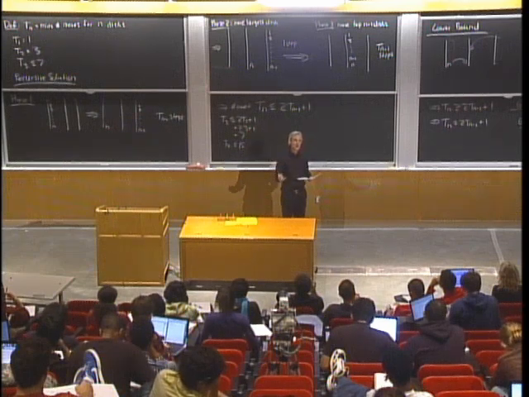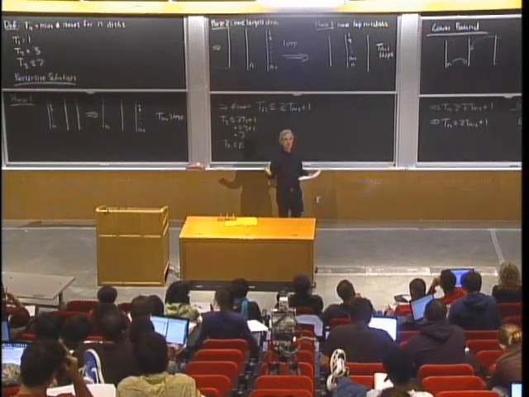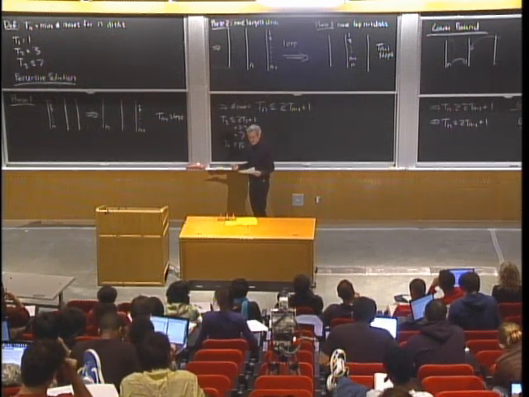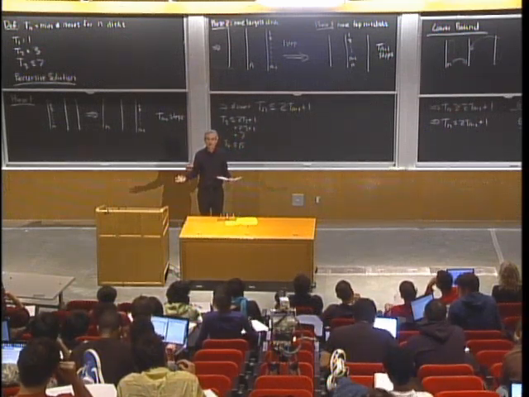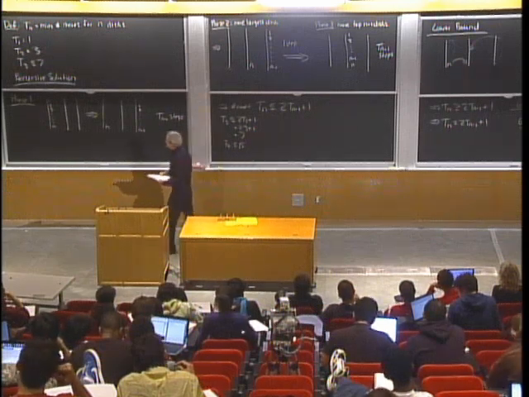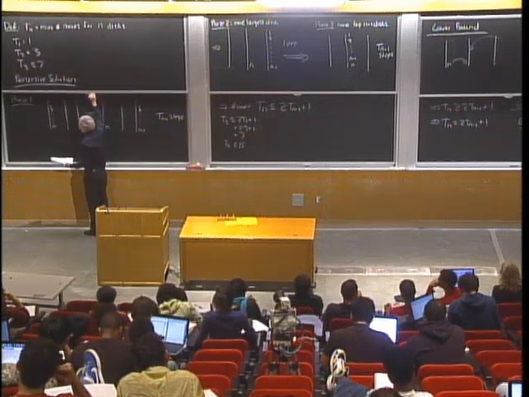The next most common method has a lot of names, called plug and chug, expansion, iteration, brute force, exhaustion. Let me show you how that works on this example.